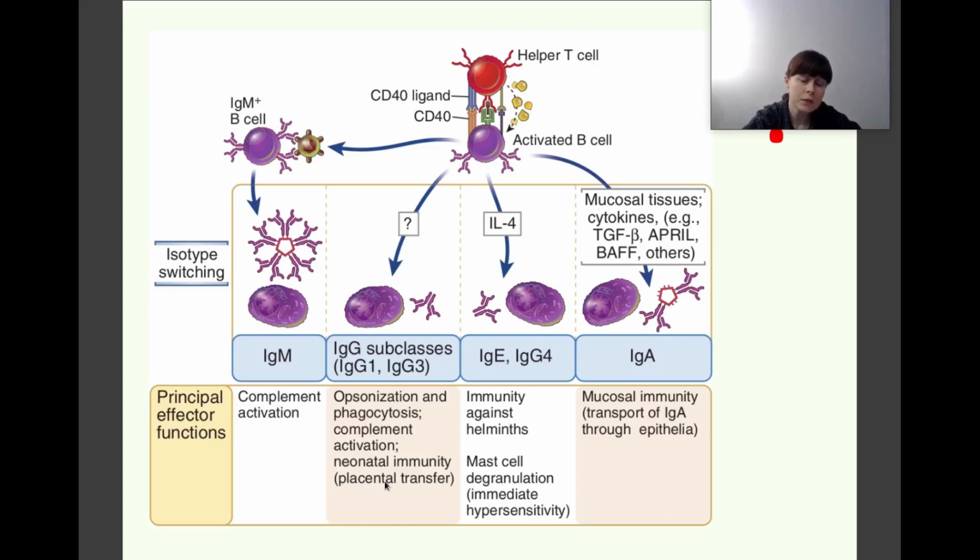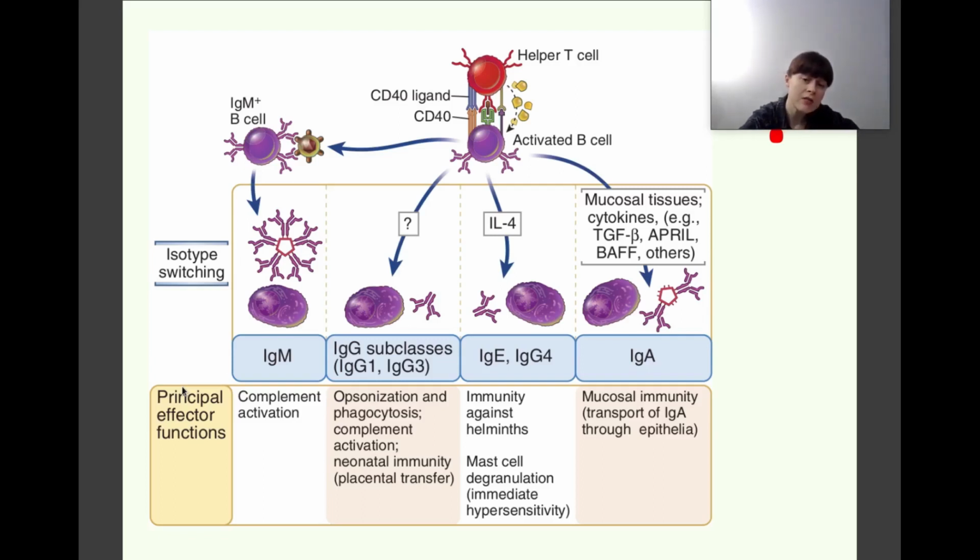But you can say, based on this slide, the main function of these immunoglobulins is against different types of infection. We also have some pathological features of these immunoglobulins; for example, immunoglobulin E molecules can activate mast cell degranulation, and this can lead to immediate hypersensitivity type 1.